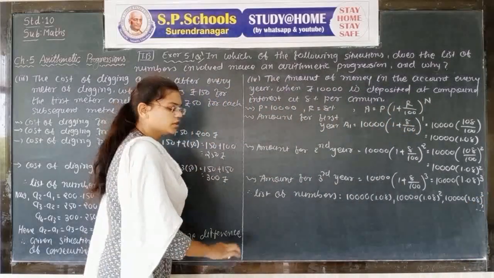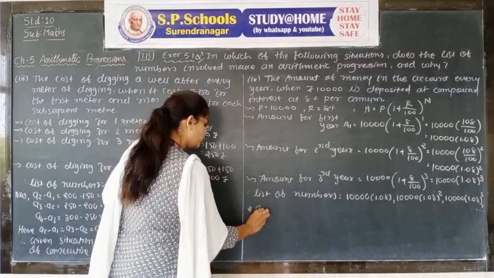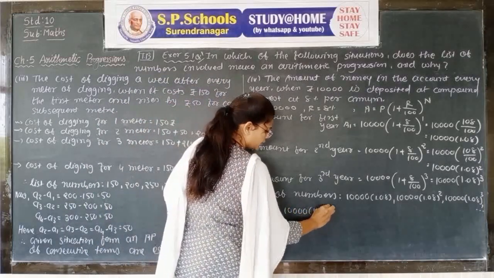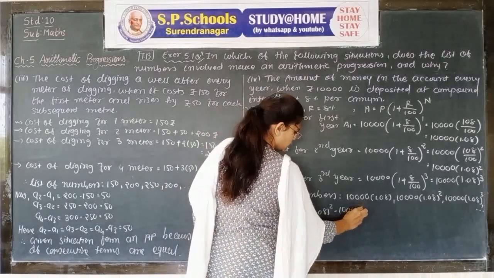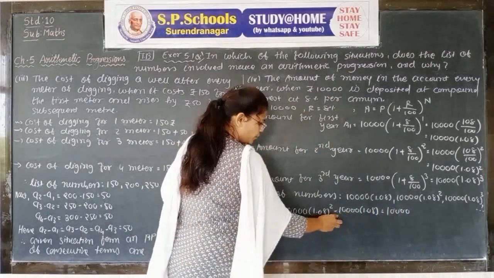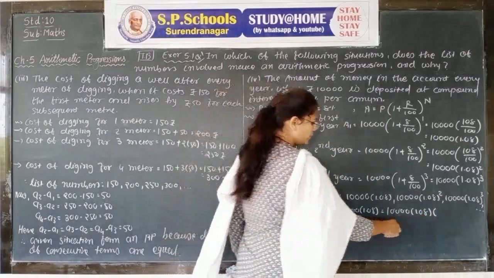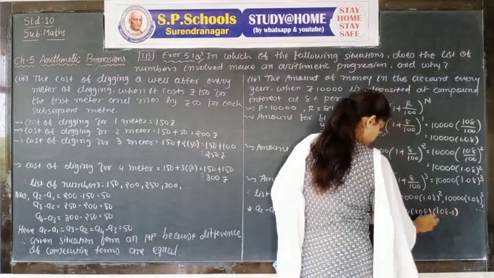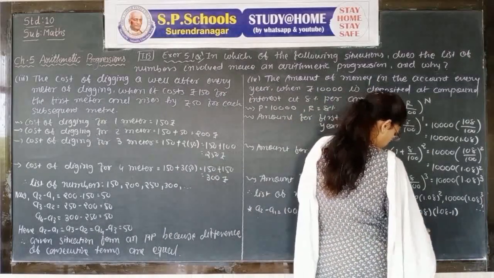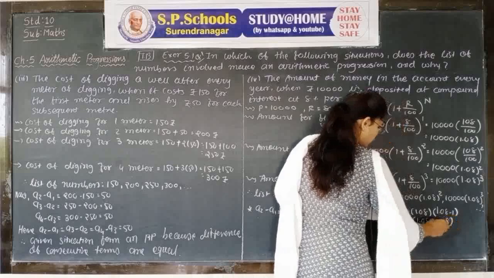Now we subtract the first term from the second, and the second from the third. A2 minus A1: A2 is 10,000 into 1.08 square minus 10,000 into 1.08. Here 10,000 and 1.08 are common, remaining into bracket 1.08 minus 1, which is equal to 10,000 into 1.08 into 0.08.